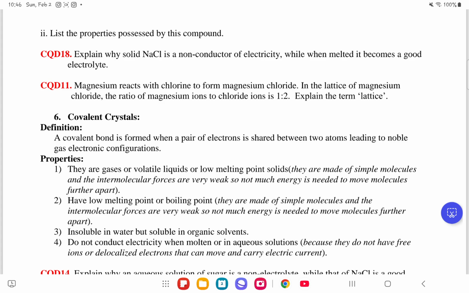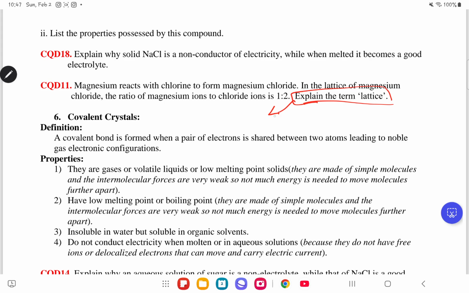They told us magnesium reacts with chlorine to form magnesium chloride. In the lattice of magnesium chloride, the ratio of magnesium ions to chloride ions is 1 to 2. Explain the term lattice. So very simply, they are just writing words. It's all words they're talking about, and then in the end, they tell us explain the term lattice.